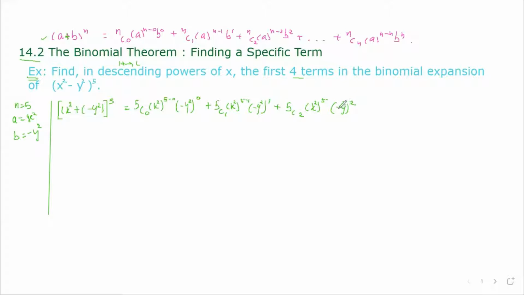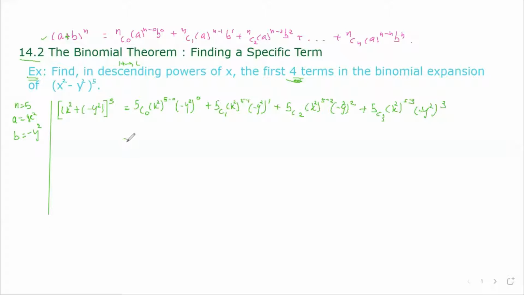We need the first 4 terms only, so one more: plus 5C3 (x^2)^(5-3) (-y^2)^3. So we have 4 terms already: 1, 2, 3, 4.